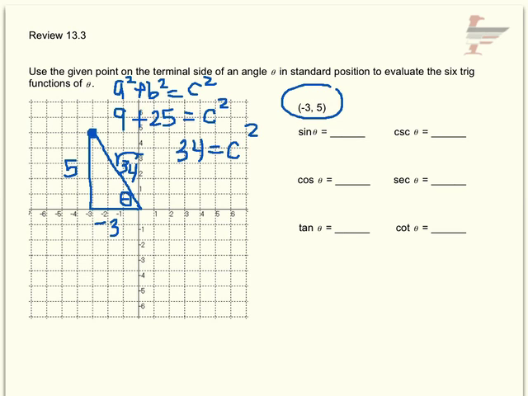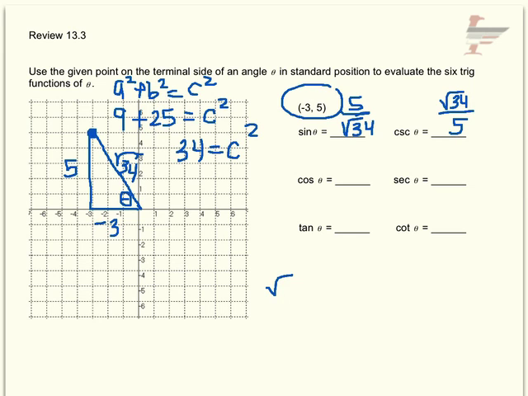So then I know all the sides of my triangle, so I should be able to evaluate all 6 trig functions. I'll start with the sine of theta. Sine is opposite over hypotenuse. So from theta, I go opposite over hypotenuse, which would be 5 over root 34, and I might as well reciprocal this while I'm here, so cosecant is the reciprocal of sine, square root of 34 over 5.